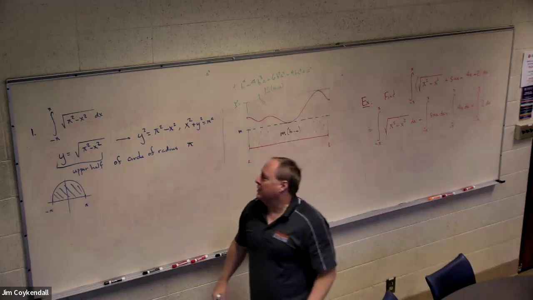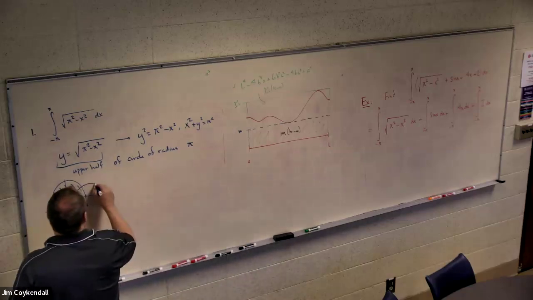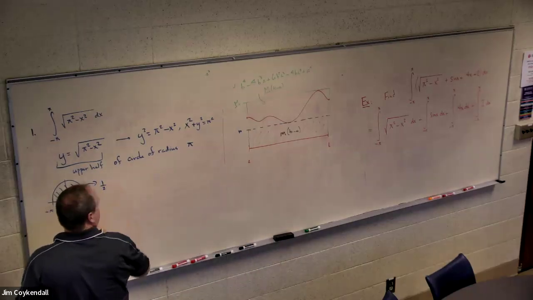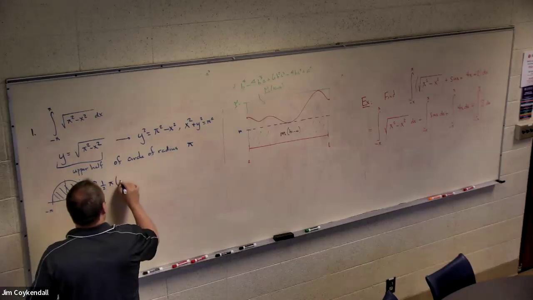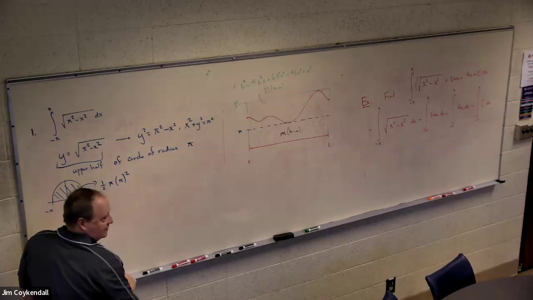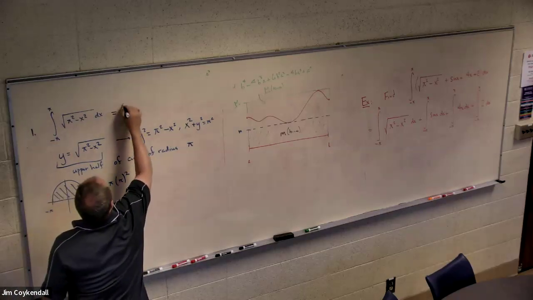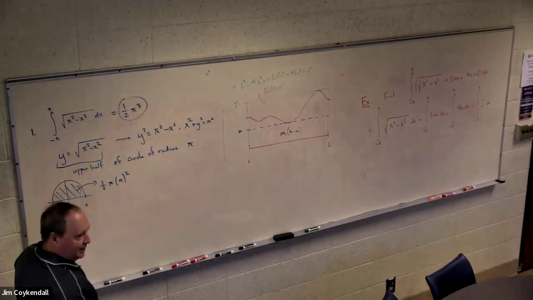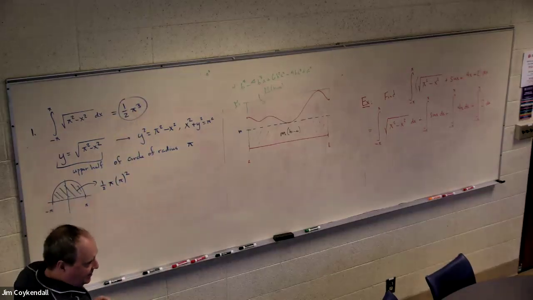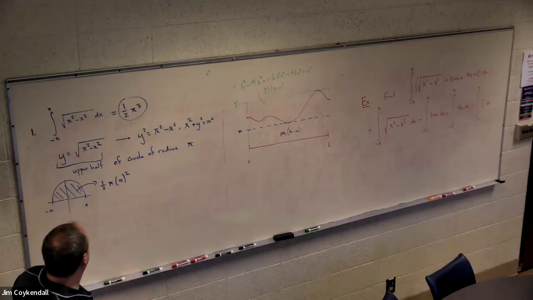That's right. So it's going to be one half, because it's half a circle, pi times the radius squared. So this is one half pi cubed. Right. And I think it gets a little bit easier. Yeah.